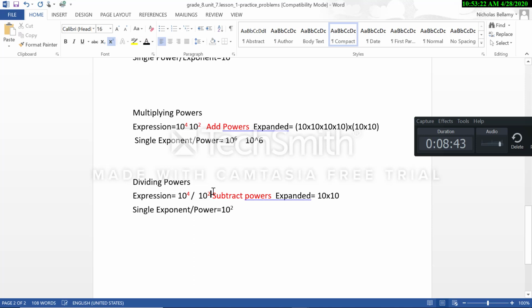Okay, so I subtract my powers. My expanded form now, 4 minus 2 is going to be 2. So 10 times 10, this is 10 to the 2nd power.